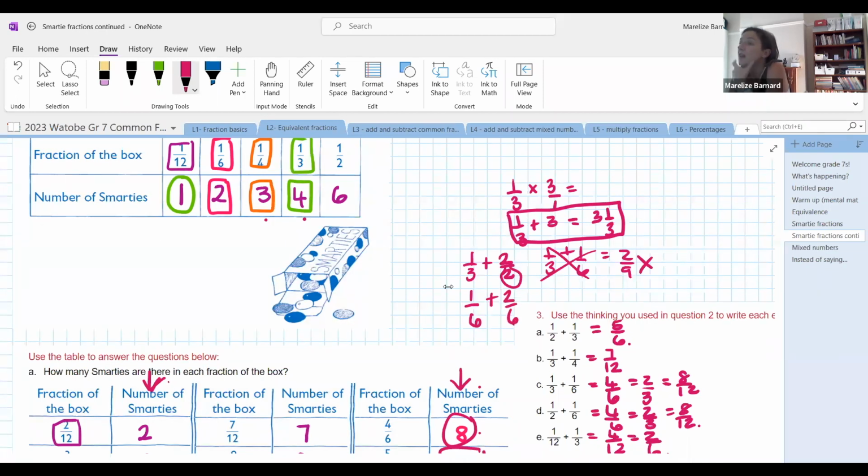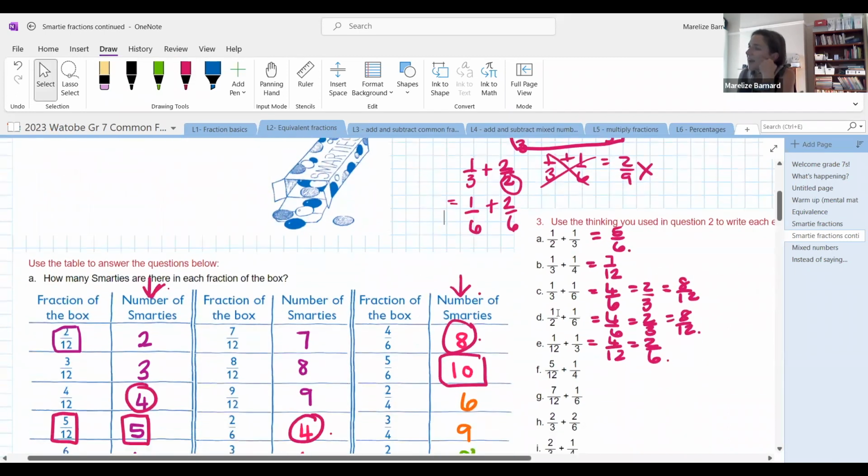So now we've timesed the 3 and the 2, but a third is not the same as a sixth. We can't just times the 3 by 2, because we're saying a third is now the same as a sixth, but a third and a sixth are not the same thing. So I think you must go ask your teacher how you did it.